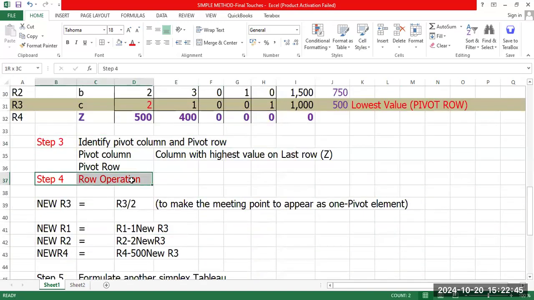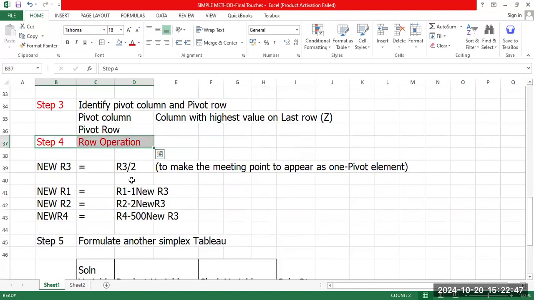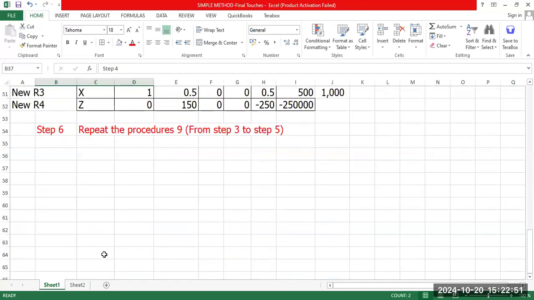I got step 4. Step 4 is coming up with row operations. So in an exam, you can just say here pivot column. Pivot column is which one?